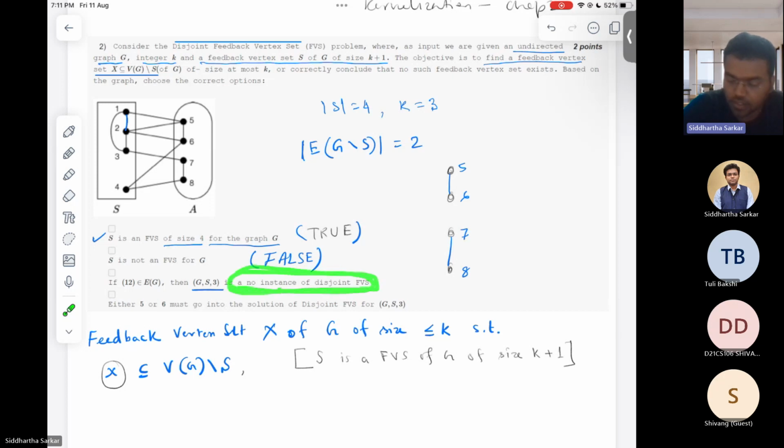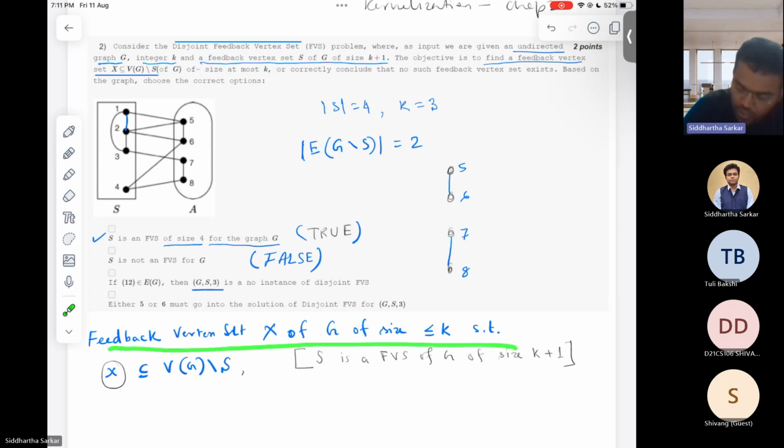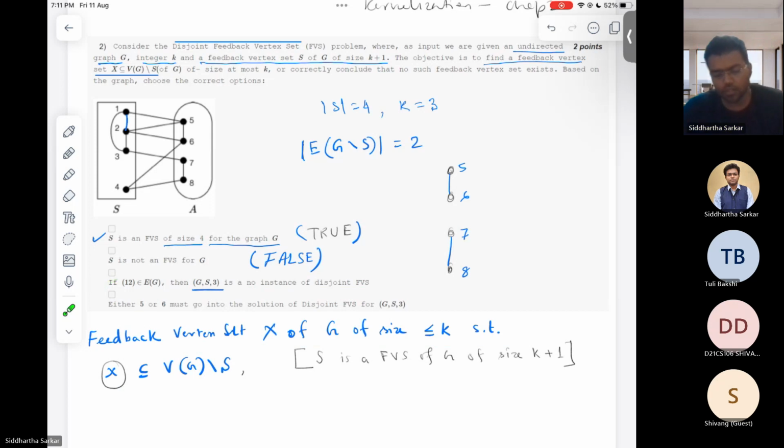That is the statement, and we have to decide whether it is true or false. If we understood the definition of disjoint feedback vertex set, which we have defined here, then we'll be able to answer this question. I'll give you a minute to process the statement and come up with a conclusion.